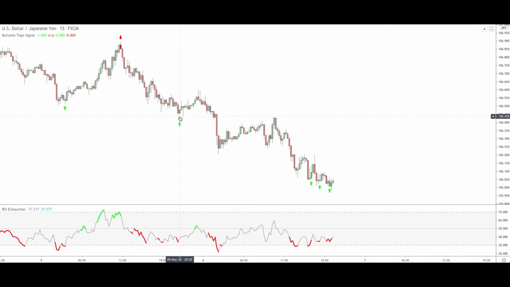In strict terms, this is a bottom because we had a small retracement, so it is technically correct, but I would definitely have skipped this kind of signal because there is not enough evidence that this is going to be a major bottom.